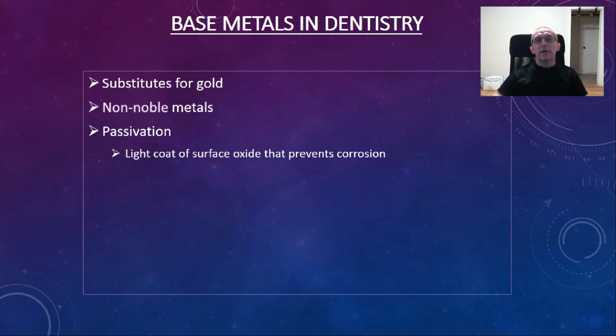Passivation forms a light oxide on the surface of that particular metal, and it prevents oxygen from getting to the surface of the metal, thus not oxidizing very quickly. So that metal is chromium, and we frequently use it in the base alloys in dentistry to prevent or slow down oxidation of specific alloys.